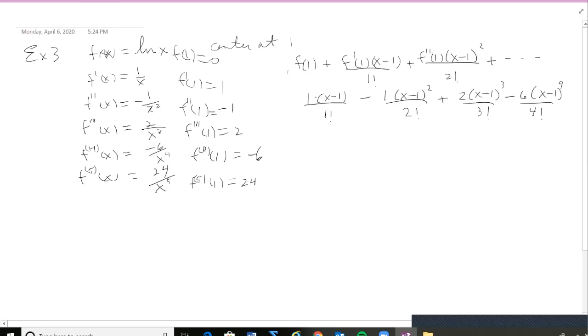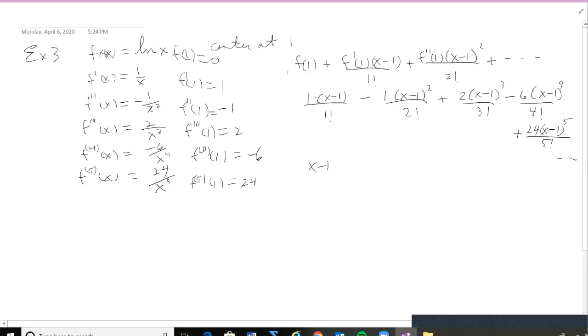And you can see that continues. We get, putting the last term in here, 24 times x minus 1 to the 5th over 5 factorial. And it continues.